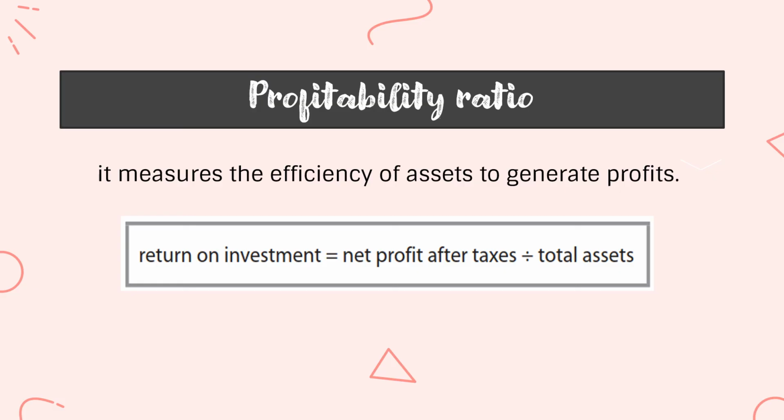So that's why our formula for that is net profit after taxes divided by the total assets. Kasi again, kung paano natin nagamit yung mga asset para makapag-generate ng profit. So again, how to compute return on investment: net profit after taxes divided by the total assets.